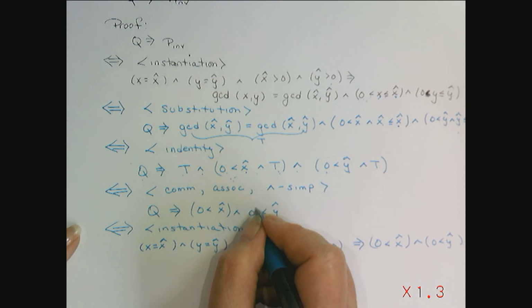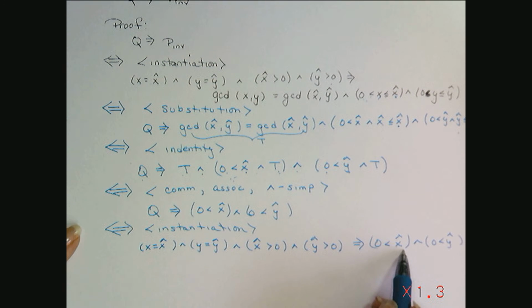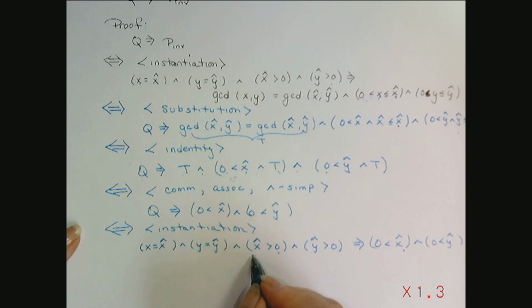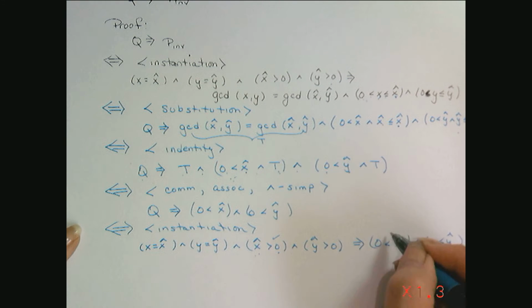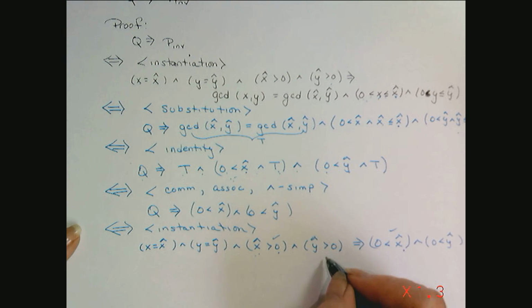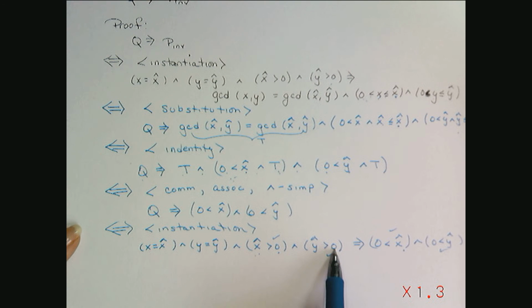Okay. 0 less than x hat is the same as x hat is greater than 0 by algebra, arithmetic, or whatever you want to call it. So this is equivalent to this. This sub-expression is equivalent to this sub-expression because y hat is greater than 0 is equivalent to 0 being less than y hat.